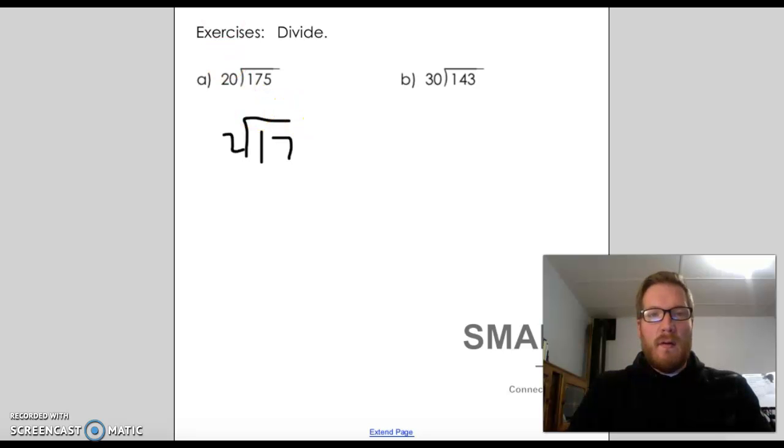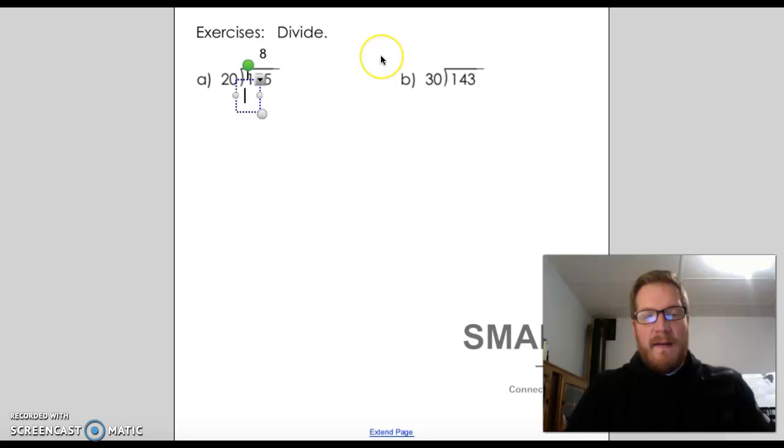And so I can use that idea that that is going to be 8 to start solving this question. And so I can say, well, 20 goes into 175 8 times. And then 20 times 8 is 160. So then I could do my subtraction, right, and get my remainder, etc., etc.